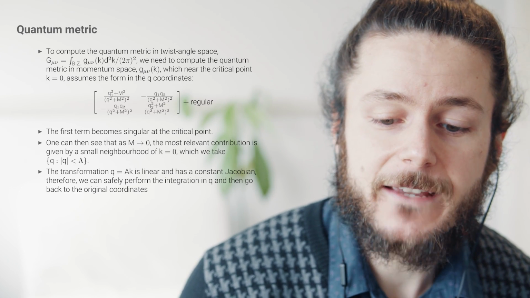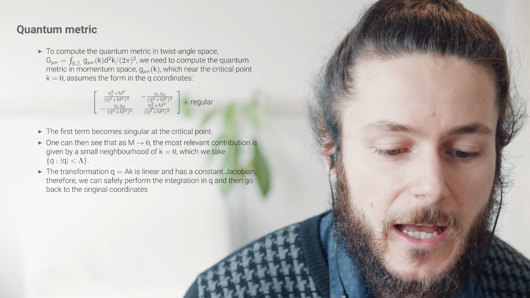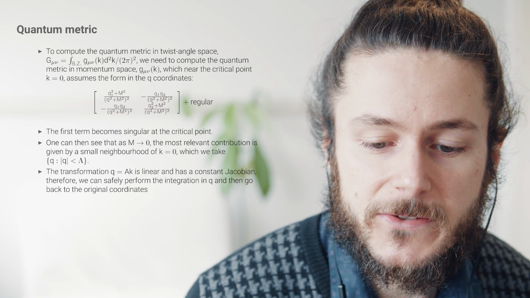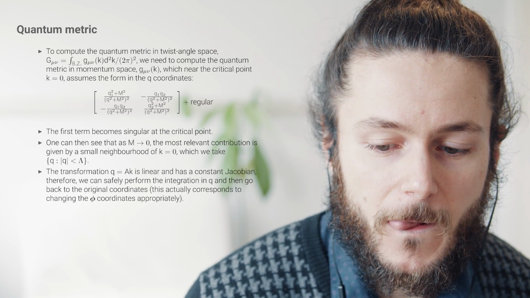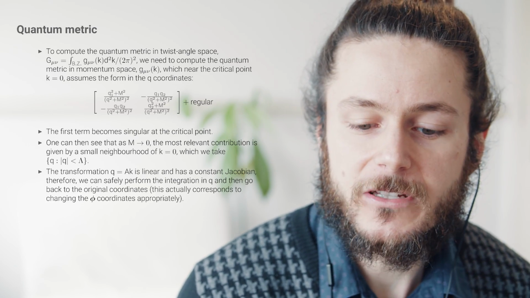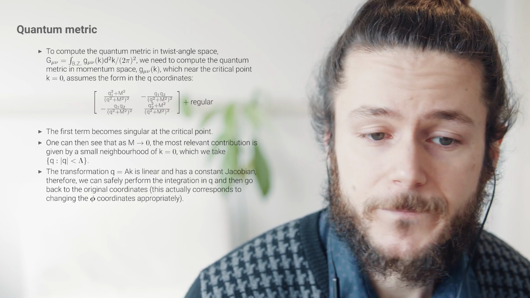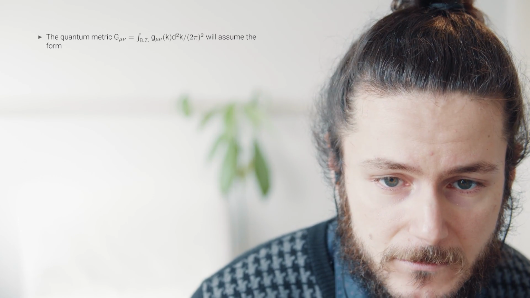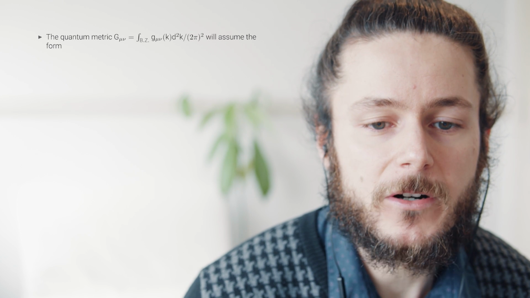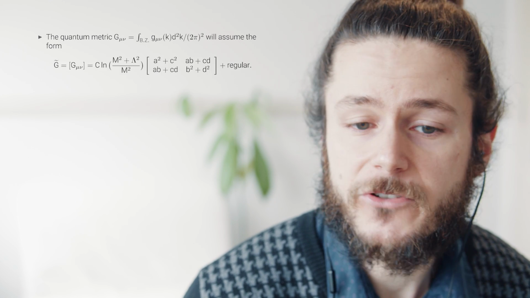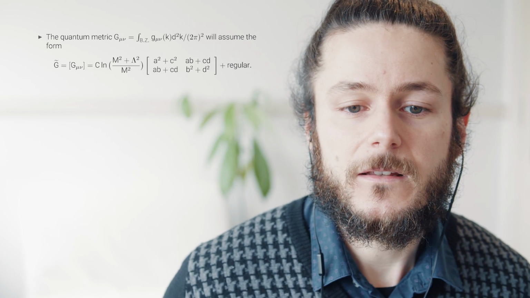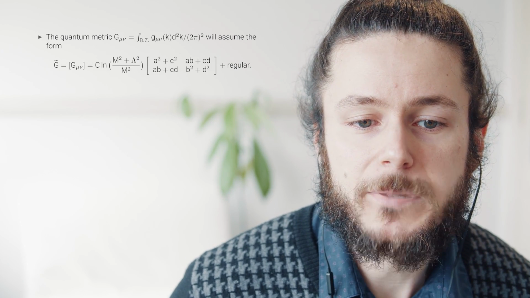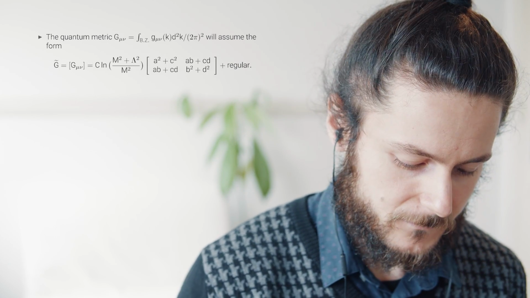Therefore, we can safely perform the integration in Q and then go back to the original coordinates. This actually corresponds to changing the phi coordinates appropriately. The quantum metric will then assume the form, in matrix form, this term here plus regular terms.